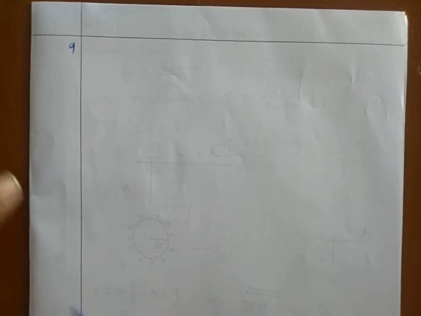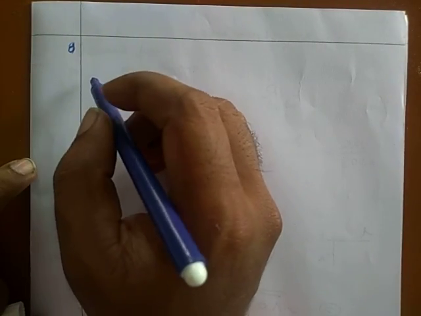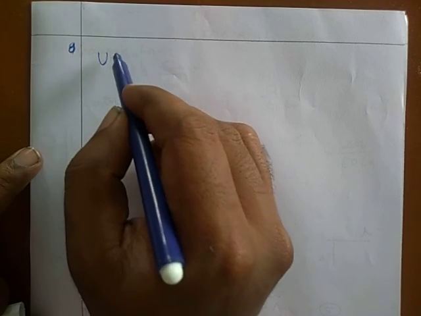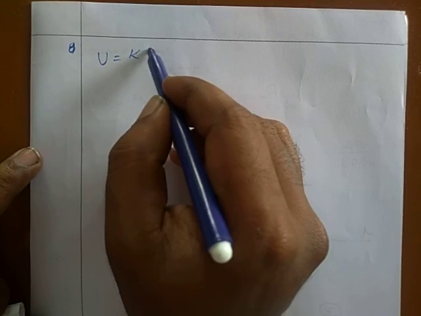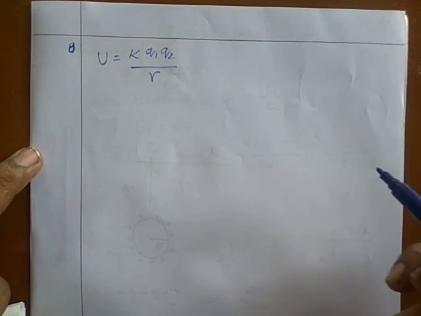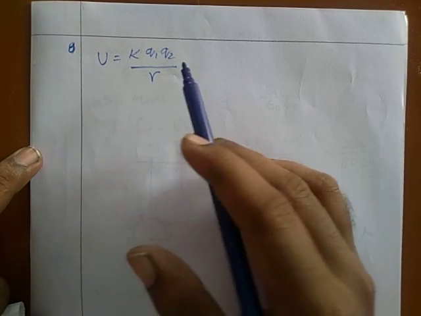We know the electrostatic potential energy can be represented as U is equal to K Q1 Q2 by R. This is the energy needed to assemble the charges to their respective locations.